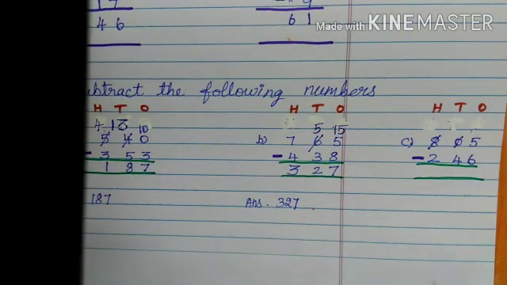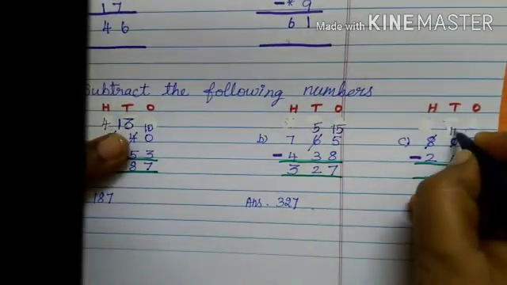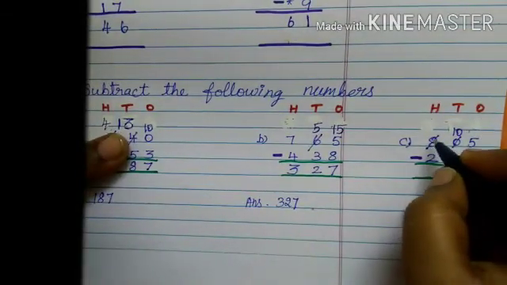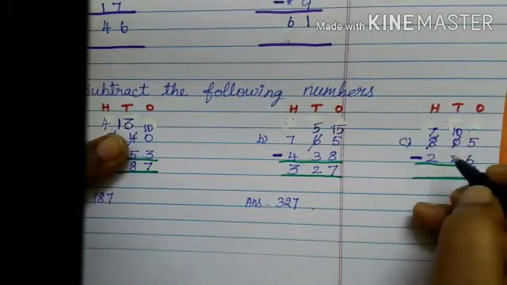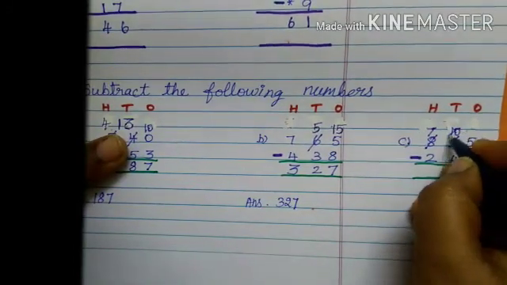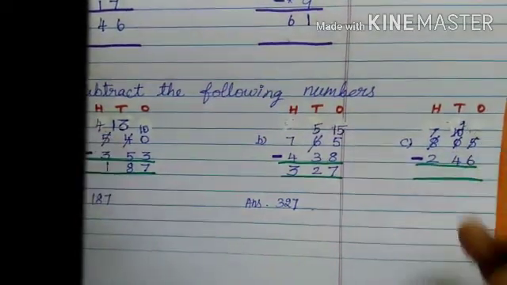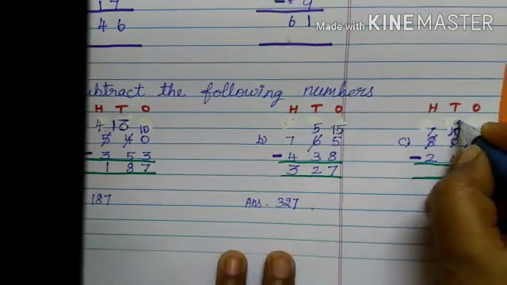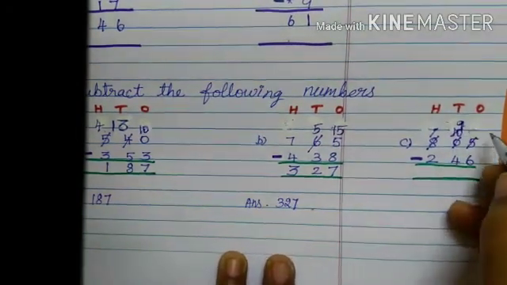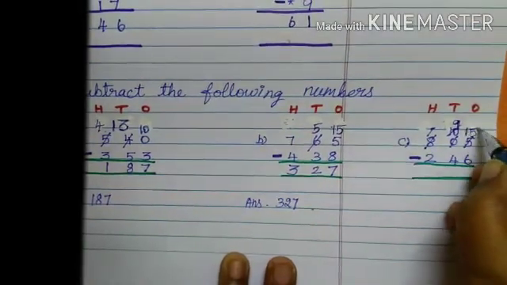The hundreds place borrows to the tens place, so this becomes 10. The hundreds place 8 is changed to 7. Then move to the ones place, so the tens place becomes 9 and the ones place becomes 15.